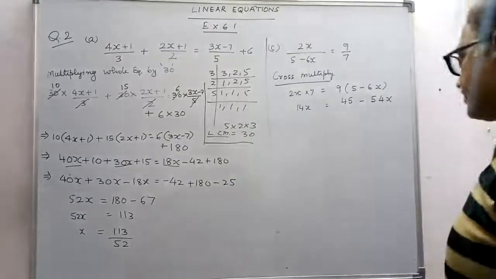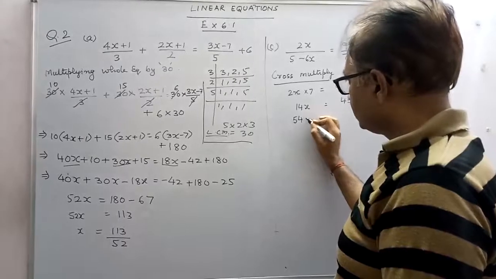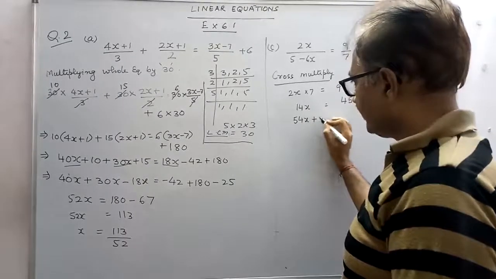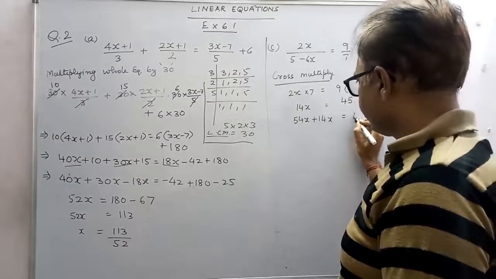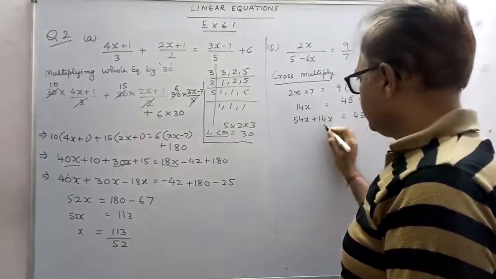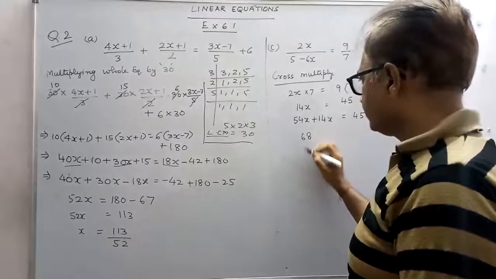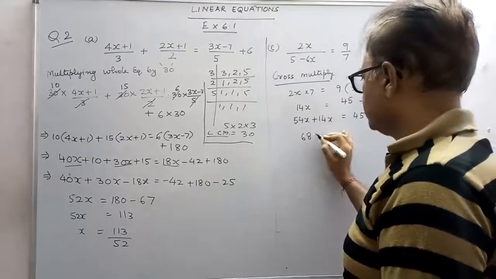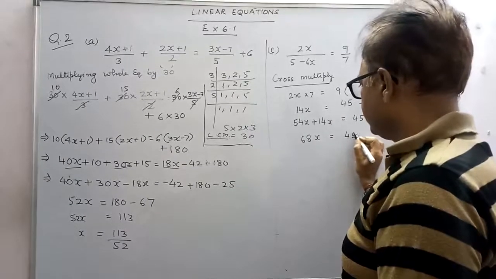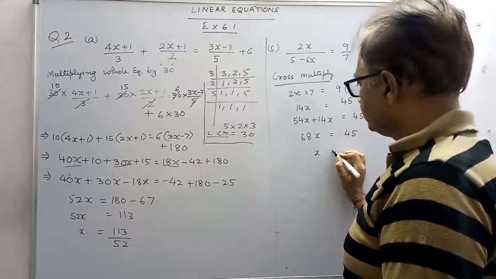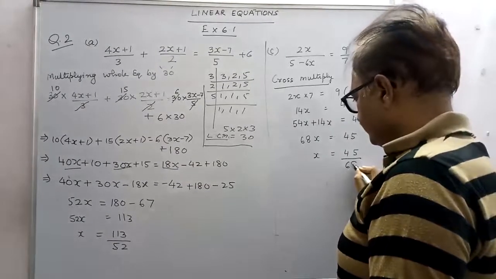Transpose 54x that side, so you will get 54x plus 14x is equal to 45. Add them: 4 plus 4 is 8, 5 plus 1 is 6, so 68x. On the other side you get 45. x is equal to 45 upon 68.